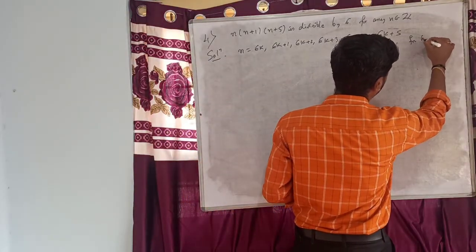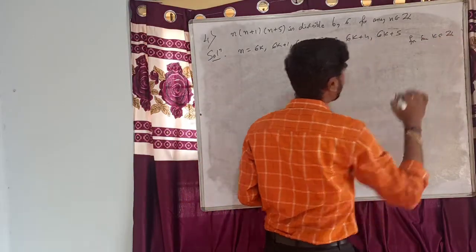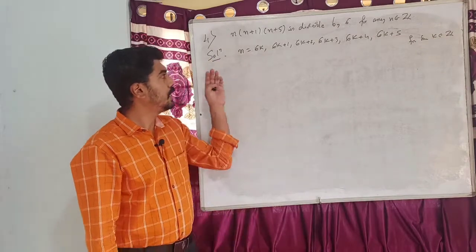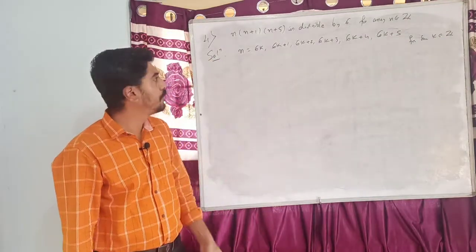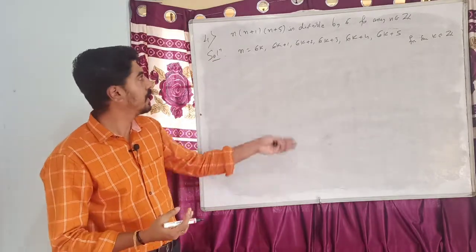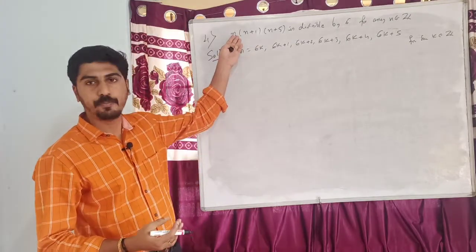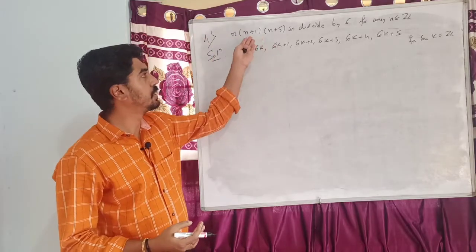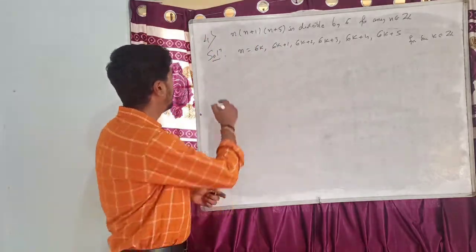for some k belongs to Z. It can take only one of these forms. I consider each form in a different case, and we shall check whether it is divisible by 6 or not. Case 1.